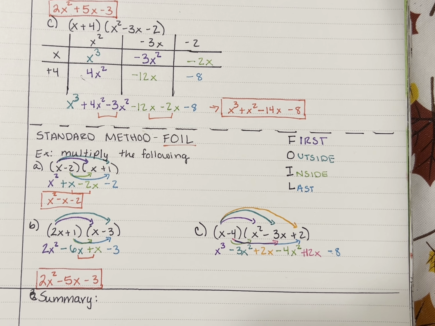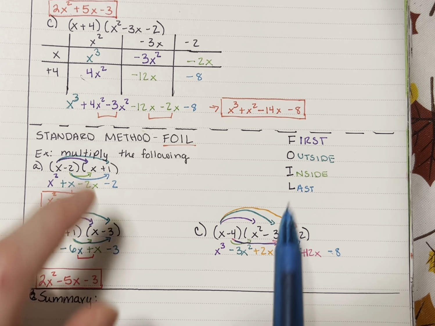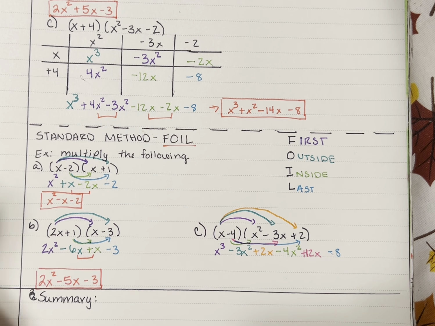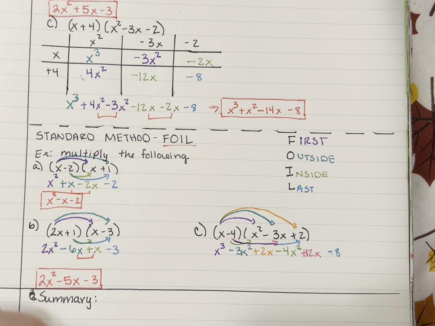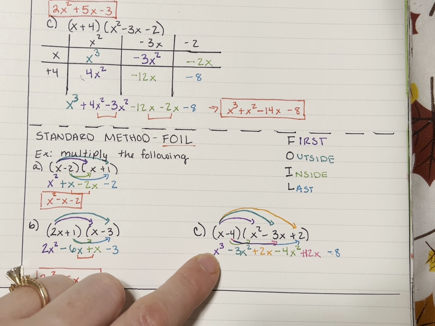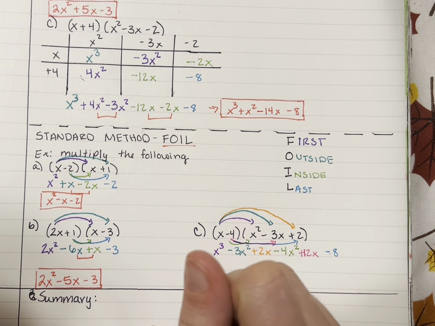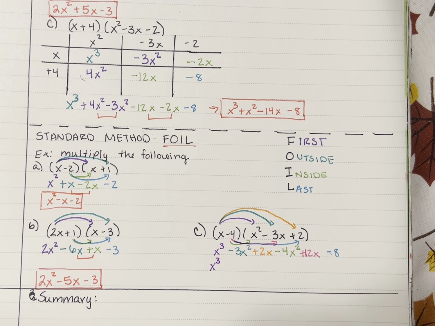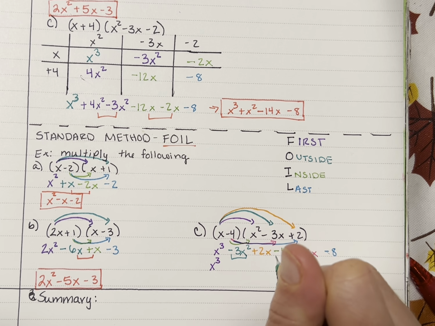Okay, so again, combining like terms, what's annoying about the FOIL method is it does not put in order. So remember, the box method was really cool because it put everything in order for us. FOIL method does not do that. So unless you decide to FOIL differently. So here we have x cubed, which is by itself. But my x squareds are separated. I have negative 3x squared and minus 4x squared.